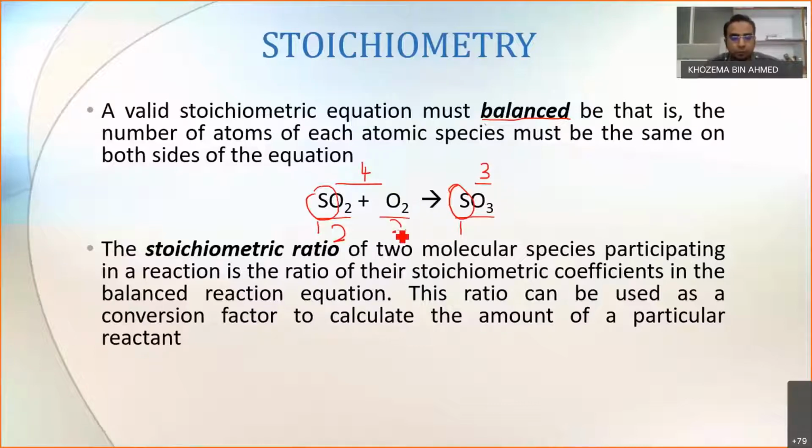So since we know that it is not balanced, we have to try to make it balanced. One way to do that, since you know that S and S is already balanced, the easiest way is to do something to this oxygen, so that you don't disturb the S on the left hand side and on the right hand side.